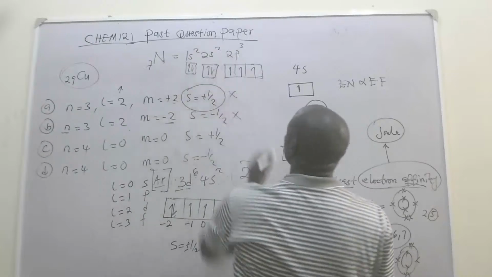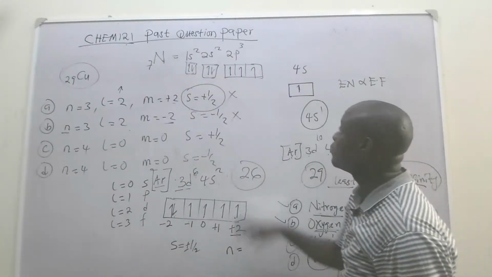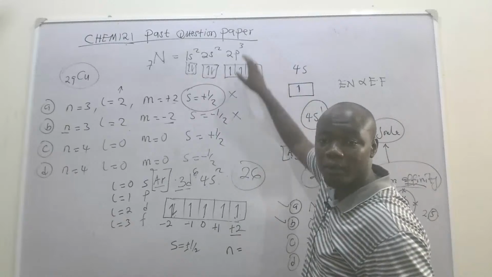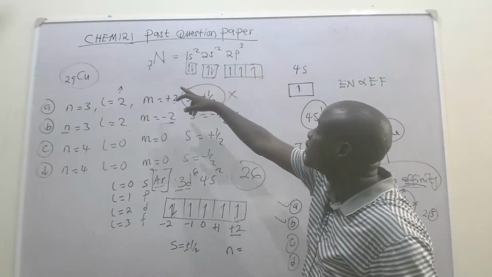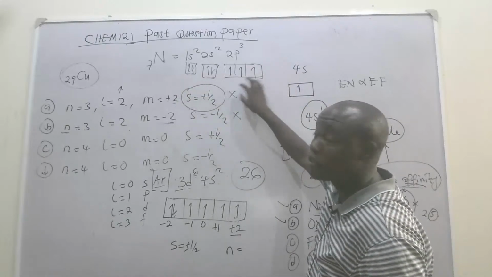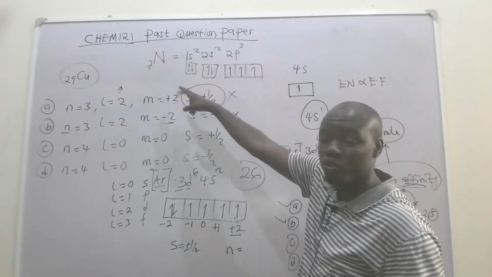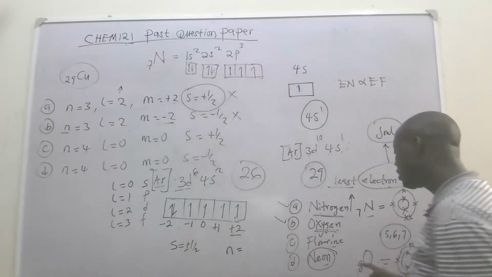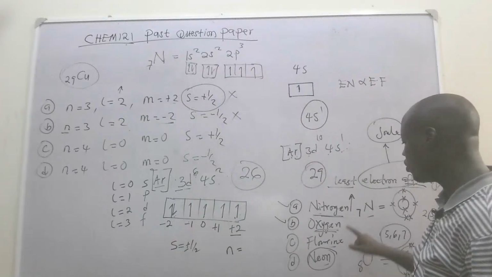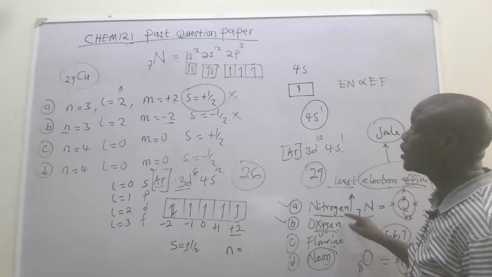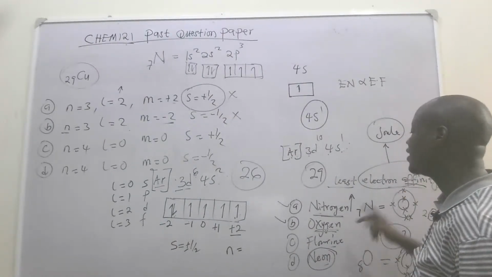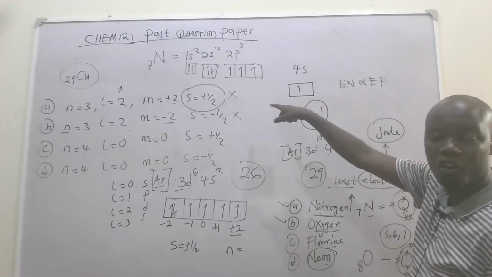The p orbitals accommodate a maximum of 6 electrons, but nitrogen has 3 electrons, and 3 is half of 6. So in terms of stability, nitrogen is more stable than oxygen. That is why the electron affinity of nitrogen is higher than that of oxygen.